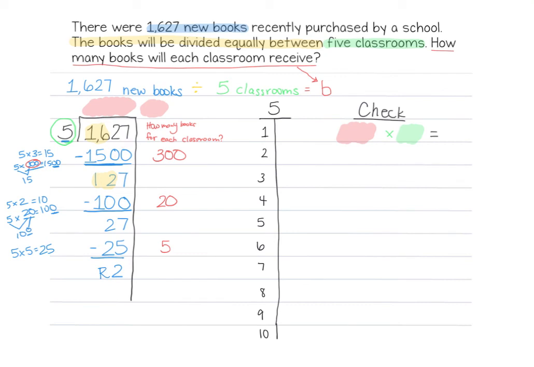1,627 books. Go ahead and make your area model. You're going to break apart this number into the hundreds, tens, and ones, and then multiply that times your divisor. When you find your answers for each hundreds, tens, and ones, you should be able to see these answers over here in our division problem.